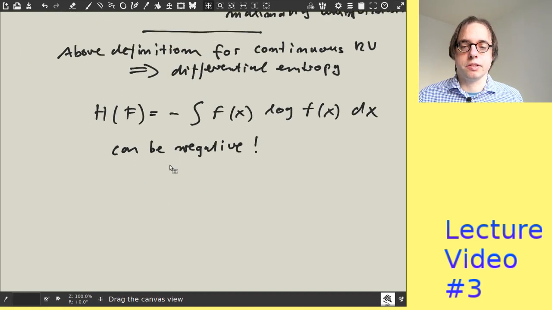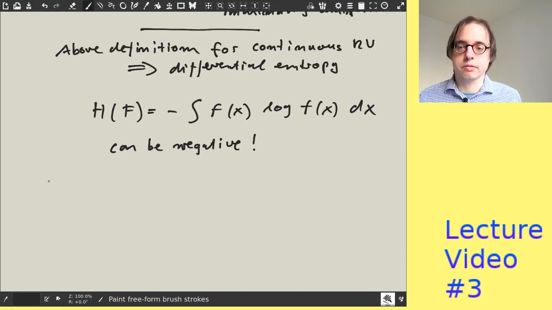So we can compute this for the normal distribution.